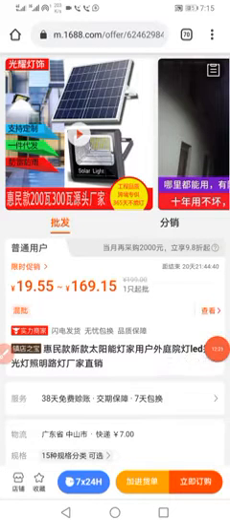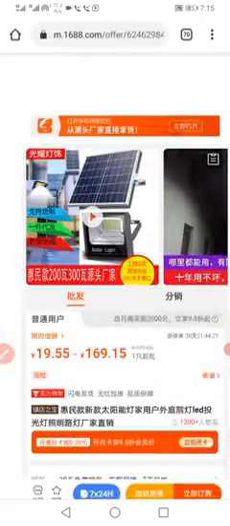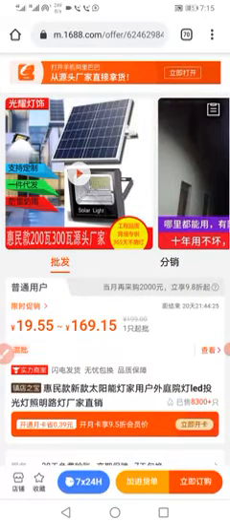Now the page has loaded, and one of the reasons why it wasn't loading is that I have like 3 tabs of 1688 opened. You can see that I have 2 tabs here, and it's like 3. So once you have many tabs, you have to close some, because it affects the platform.